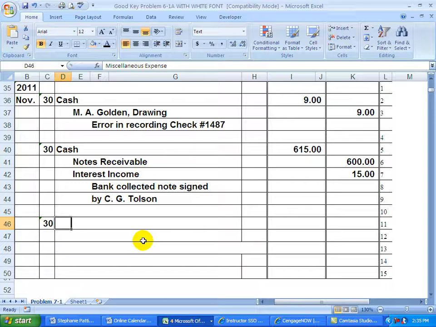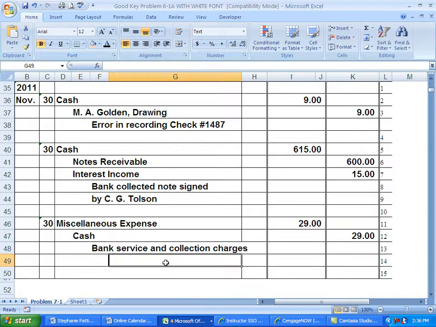So we're going to put it in miscellaneous expense. That's our debit because it's getting bigger by $29. Now we're having to reduce our cash account by that amount. Put credit cash for $29. And then we're going to identify what it was.